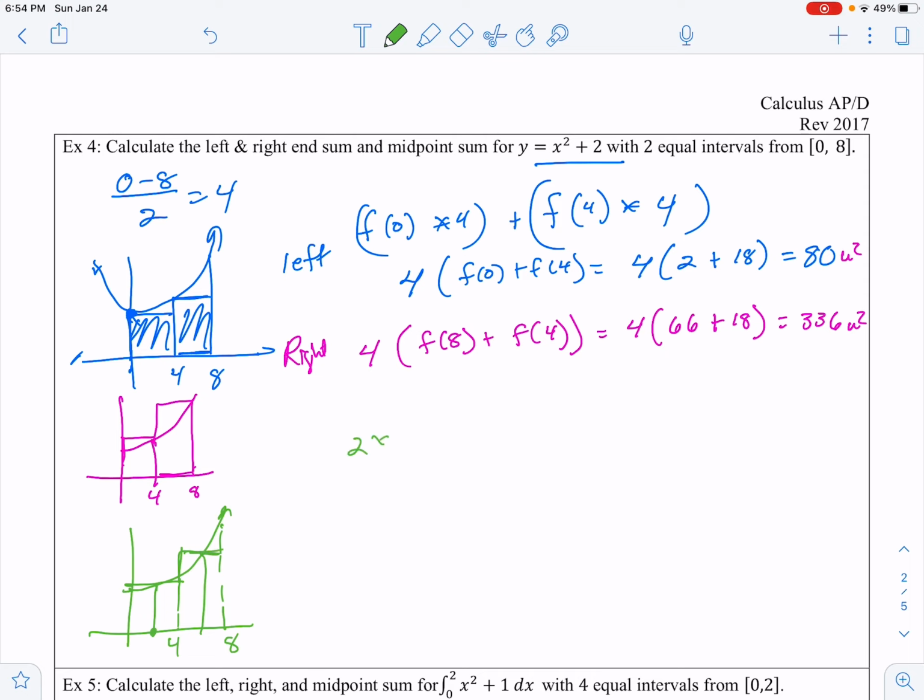So I have f of 2 times the width, which is 4, the height times the width, plus f of 6 times the width. So this is midpoint. If you do the math, you get 176. Quite a difference here.